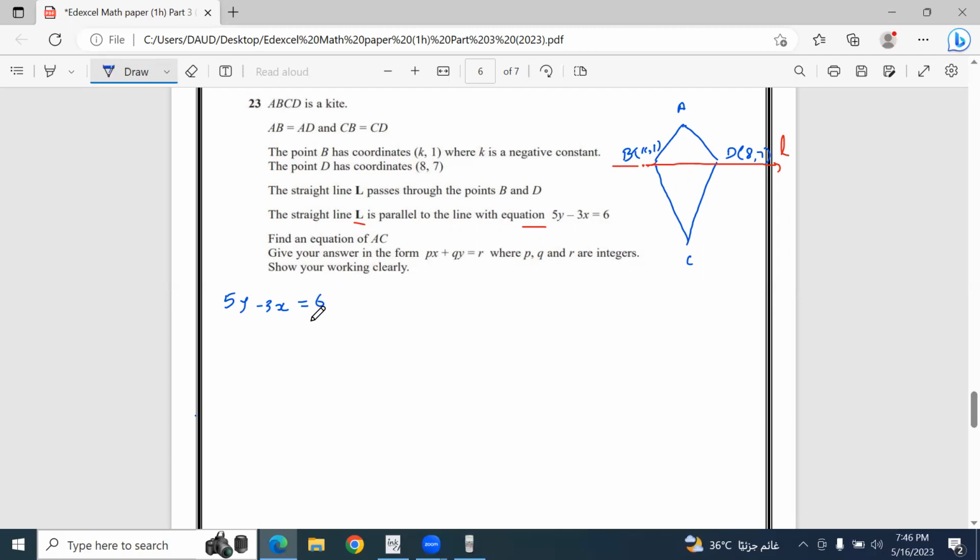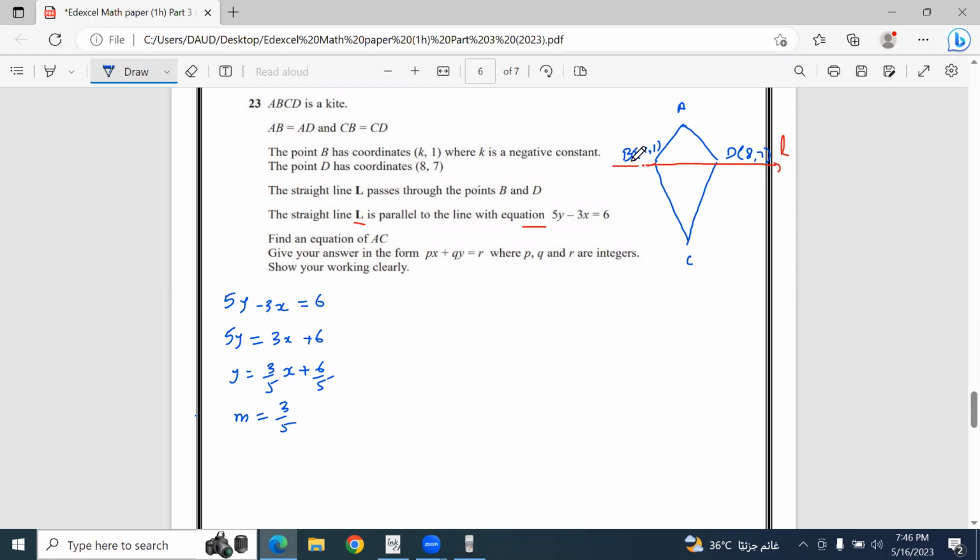We will figure out the gradient of this equation. For that, we will make y the subject. 5y is equal to 3x plus 6, so y is equal to 3 over 5 x plus 6 over 5. So 6 over 5 represents the y-intercept, whereas the value which comes before x is your gradient, and we can say that m is 3 over 5.